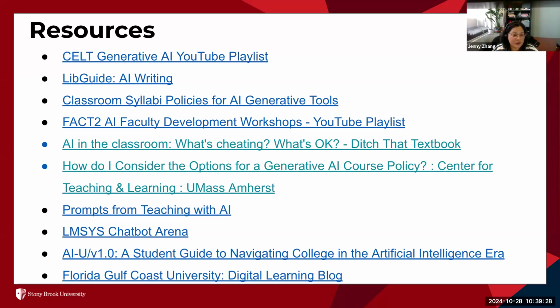We also have a LibGuide for AI writing, and also a huge classroom syllabi policy document for generative AI. This is a crowdsourced document with I don't know how many hundreds of pages out there, so you have to run a search and find the subject matter you are teaching. And there are also AI faculty development workshops from Stony Brook.